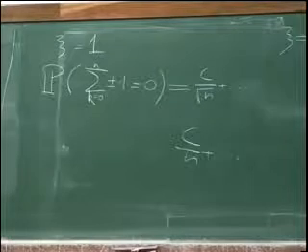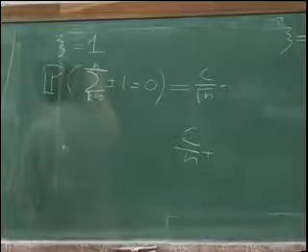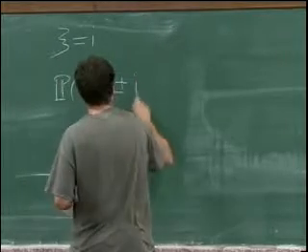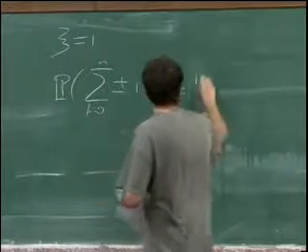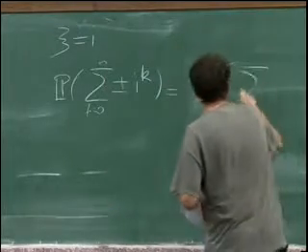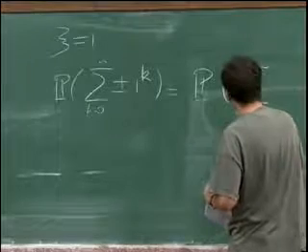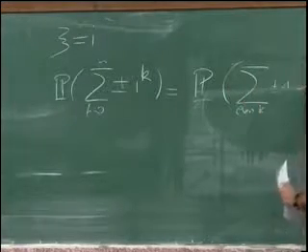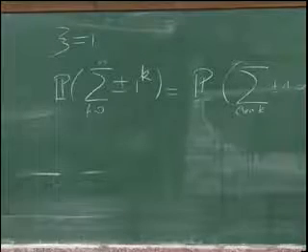Okay? So basically, what you have here, the probability that the sum of plus minus i to the k is 0 is just equal to the probability that the sum over all k even of plus minus 1 is equal to 0 times the same probability for the odd.